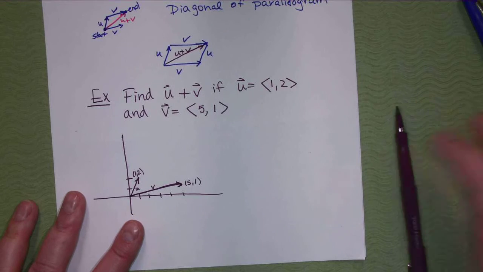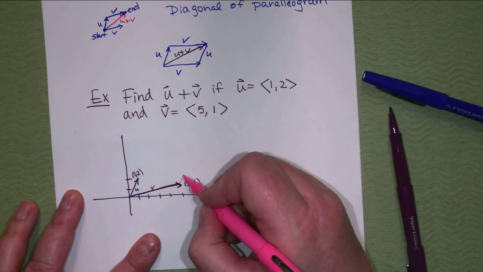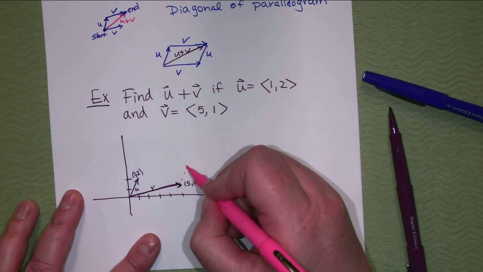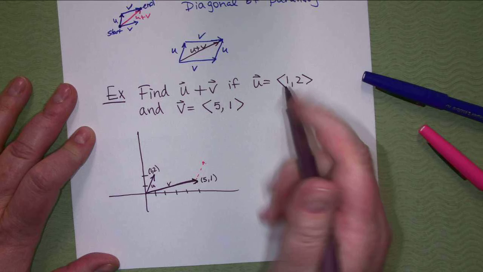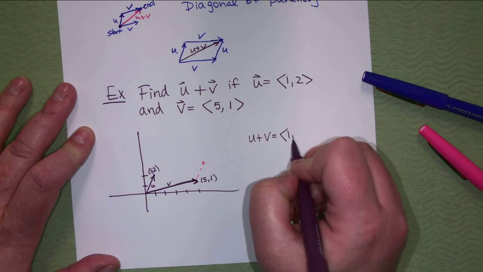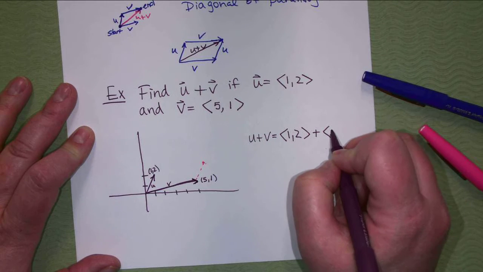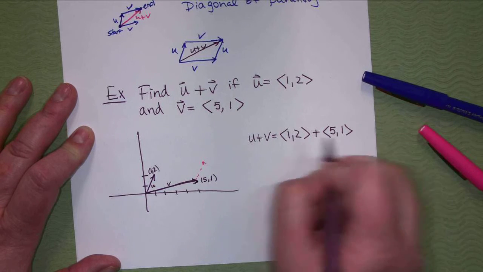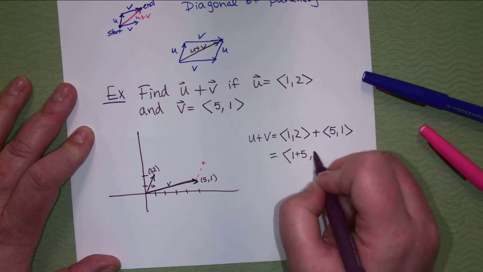Where is it going to be? Well, if we draw U at the end of here, that will be the end point of our addition. But we could just add them and see. So when we add U plus V, same way as when we did the vectors, if you add two vectors, you get a vector: 1 plus 5, and 2 plus 1.